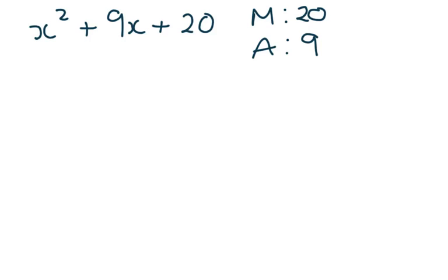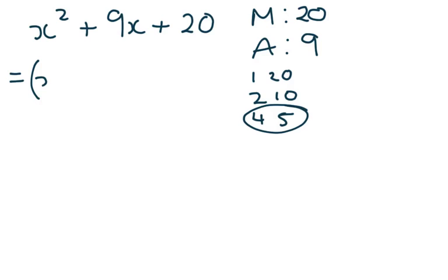Then we list the factors that multiply to 20, so we've got 1 and 20, 2 and 10, 4 and 5. Okay, 4 and 5, they make 9, so what happens is the x goes in the front of each bracket, because we need x squared when we expand, and then we have plus 4 in one, plus 5 in the other. It doesn't matter which way around it goes.